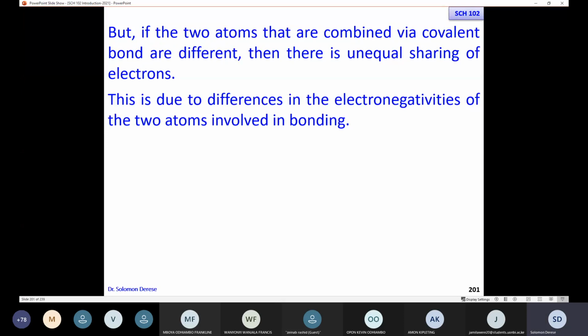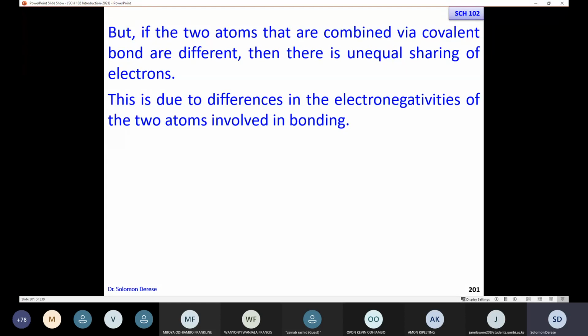So when you have a chemical bond between two elements, and these two elements are different, the elements have different degrees of attractive force for the electrons of the covalent bond. One of the elements will have more affinity or more power to attract the electrons of the bond towards itself than the other. When such happens, we'll have a covalent bond that does not have a uniform distribution of charges.